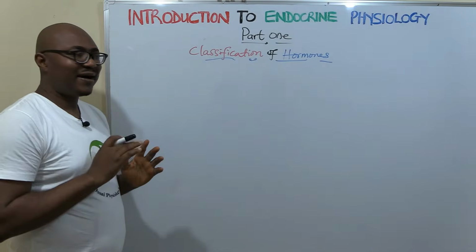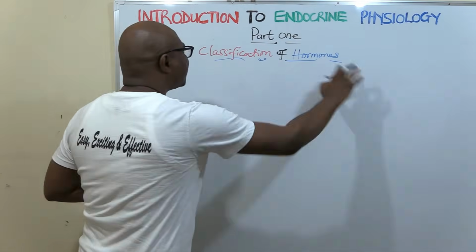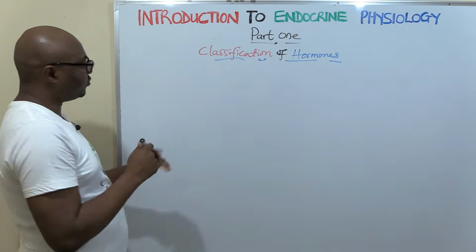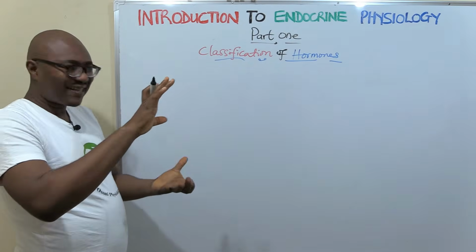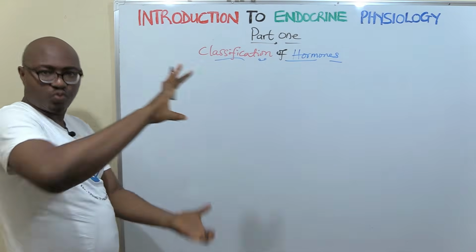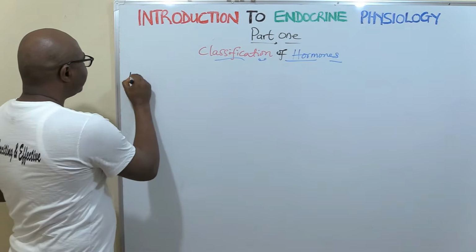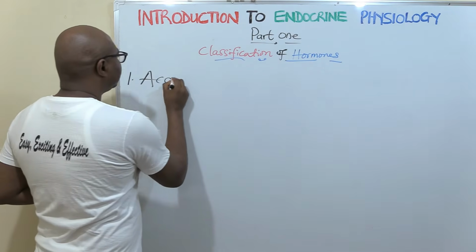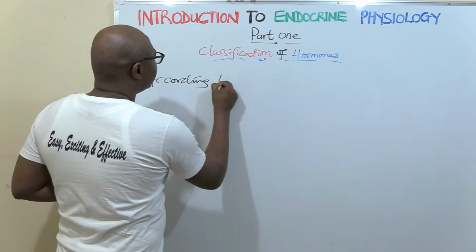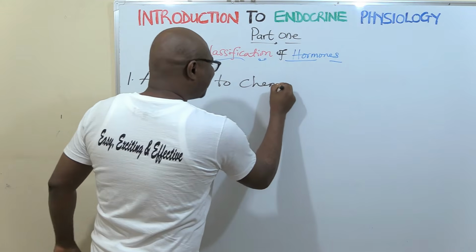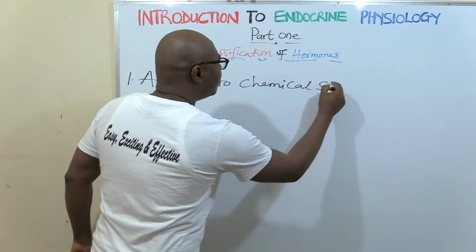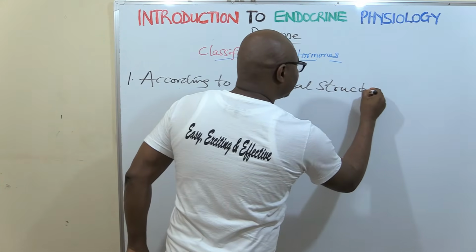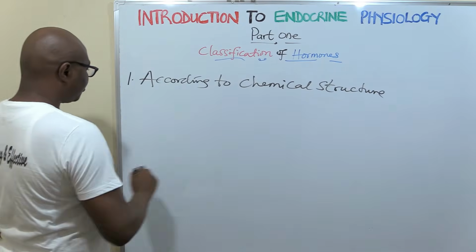Welcome back. So now we're going to be focusing on classification of hormones. It's very simple. Hormones can be classified in two ways. One of them is according to their chemical structure.